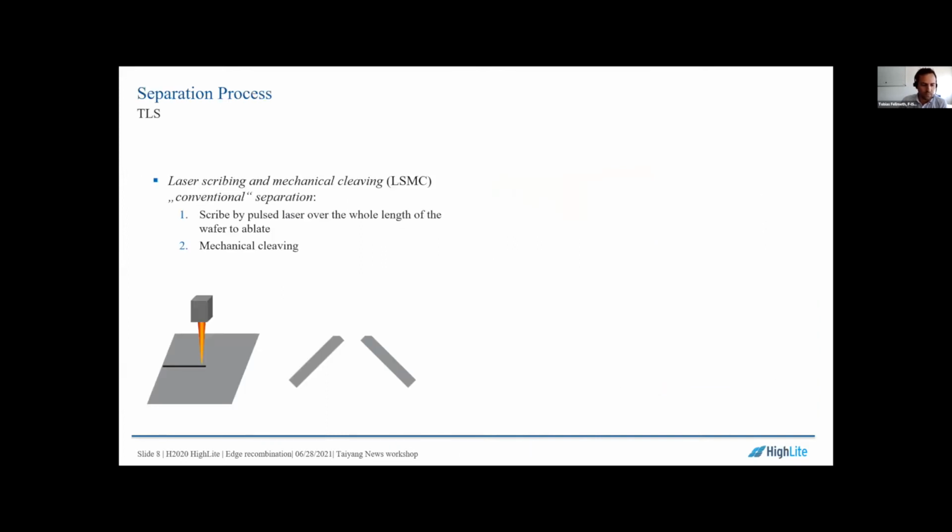And thinking of passivating the edges, we need to think also of a very smooth and passivatable edge. What is usually done is a laser is shot into the solar cell, and then it's mechanically cleaved. So this is in short laser scribing and mechanical cleaving, LSMC.